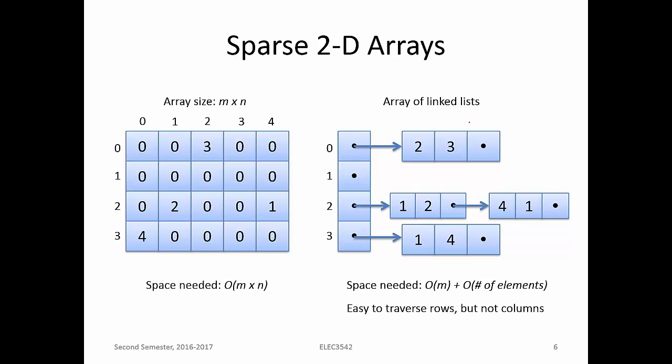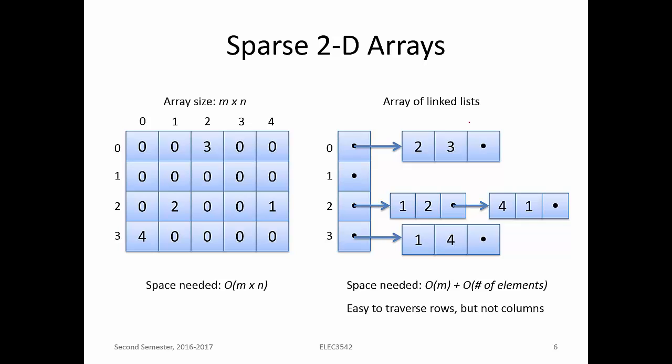A list, which may be empty, is maintained for each row. Each node carries the column index and the element value. The space needed is big O of m plus big O of the number of elements. This representation allows rows to be traversed easily, but column traversal is not trivial.